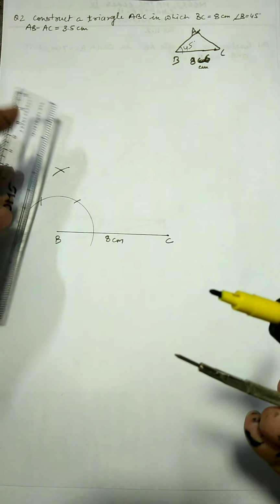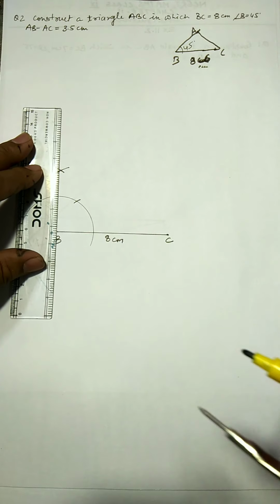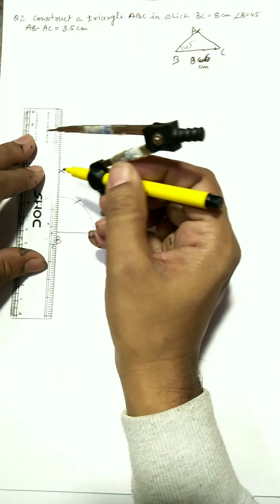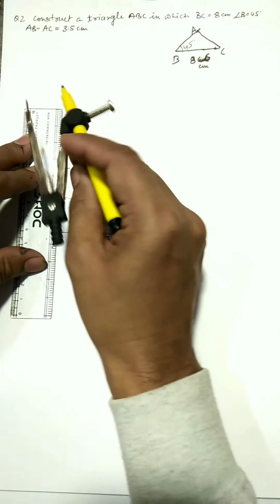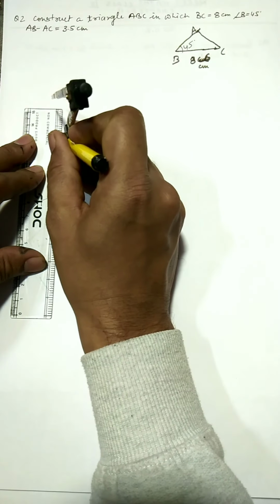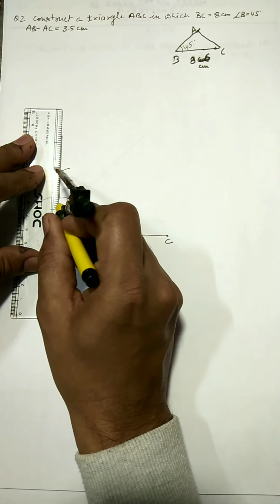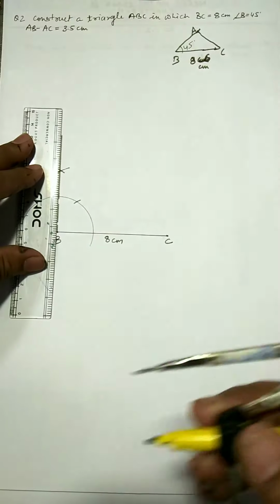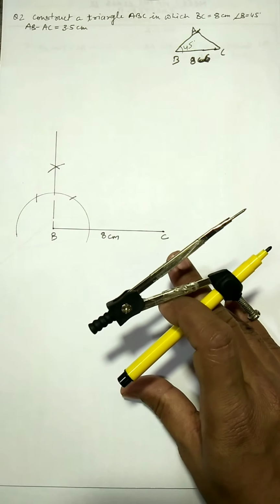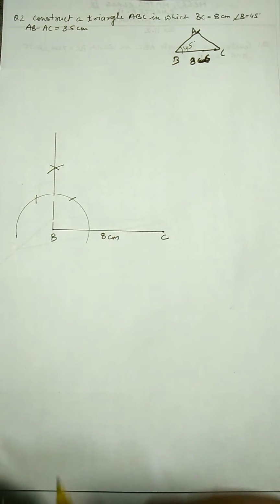Okay, so this is a 90 degree angle, and if you have to make 45 degree, you have to bisect this angle.